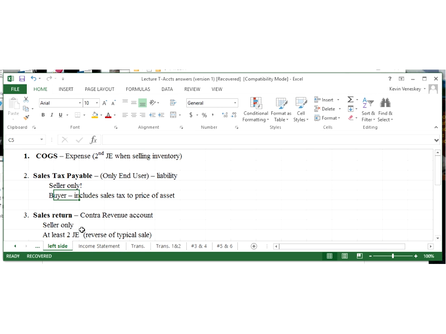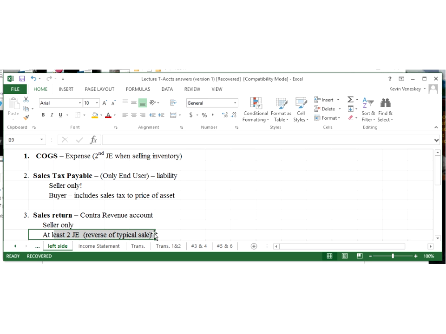A sales return account is only for the seller. The seller only will record a sales return account, and it's a contra account. It's a contra revenue.